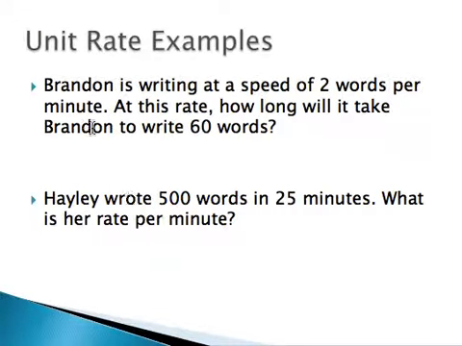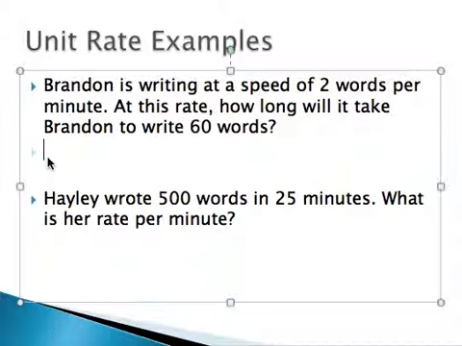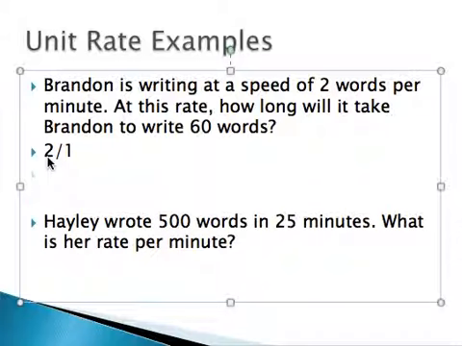Here are some examples. Brandon is writing at a speed of 2 words per minute. At this rate, how long will it take Brandon to write 60 words? Well, he is writing at a rate of 2 words every 1 minute. So if he's going to write 60 words, that would go on the top too. And we don't know what this one is. But we do know that he's writing 2 words every minute.